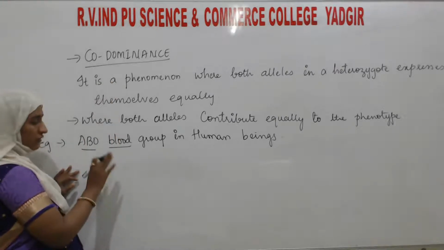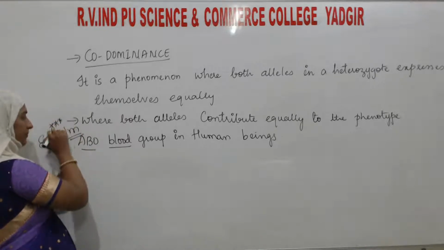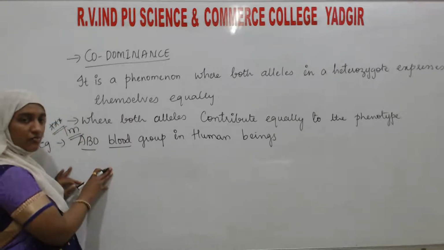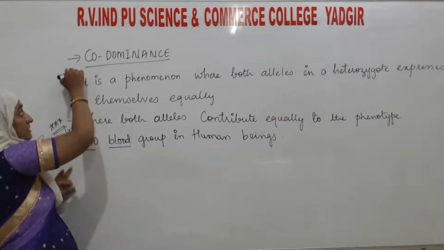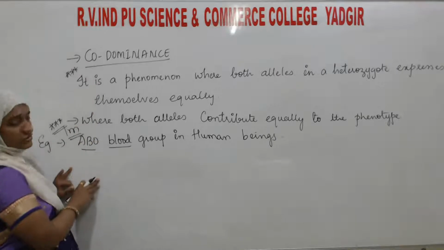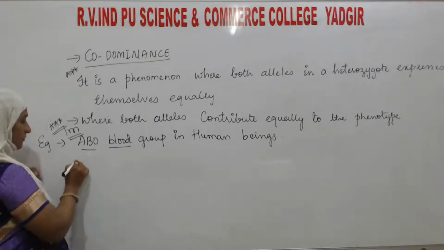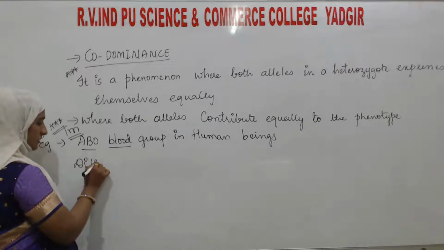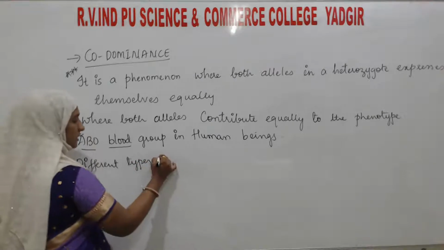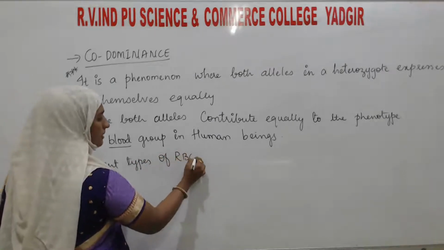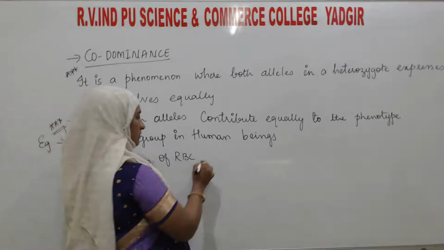Sometimes they will ask for 1 mark, what is the example for codominance? Sometimes they will ask the definition, what do you mean by codominance also? So here, different types of RBC determine the ABO blood group in human beings.